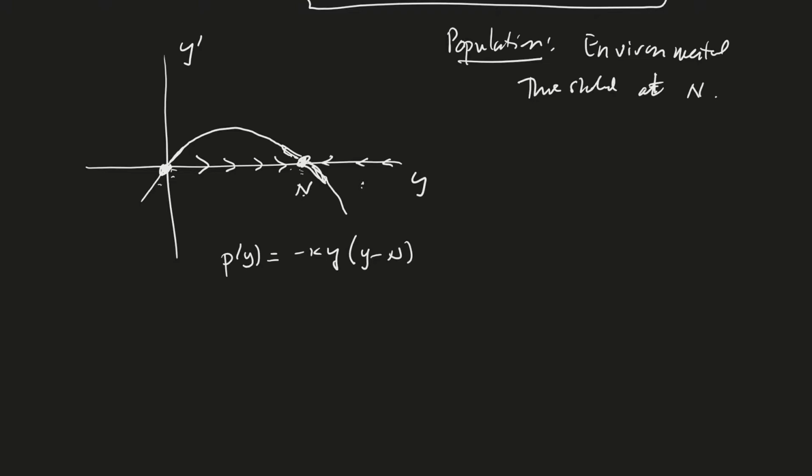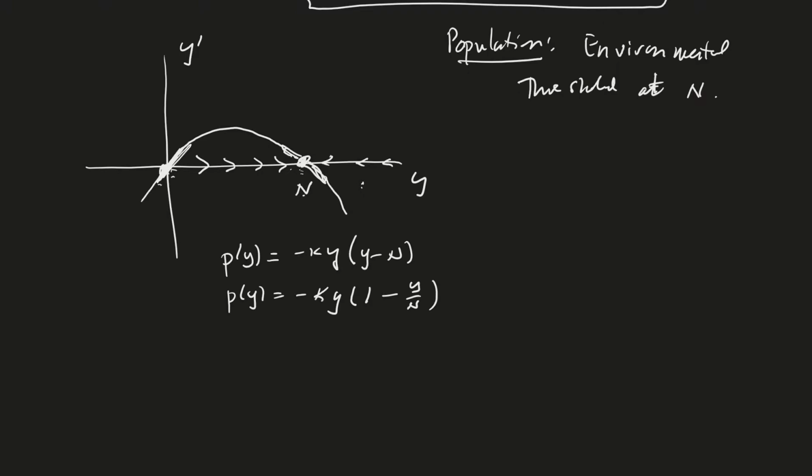Although let's rewrite it a little bit differently. Because the constant at the beginning, the k value, should have some meaning here. So if you rewrite your p of y in an equivalent way, if you write it as minus k times y times 1 minus y over n, let's see what that means.